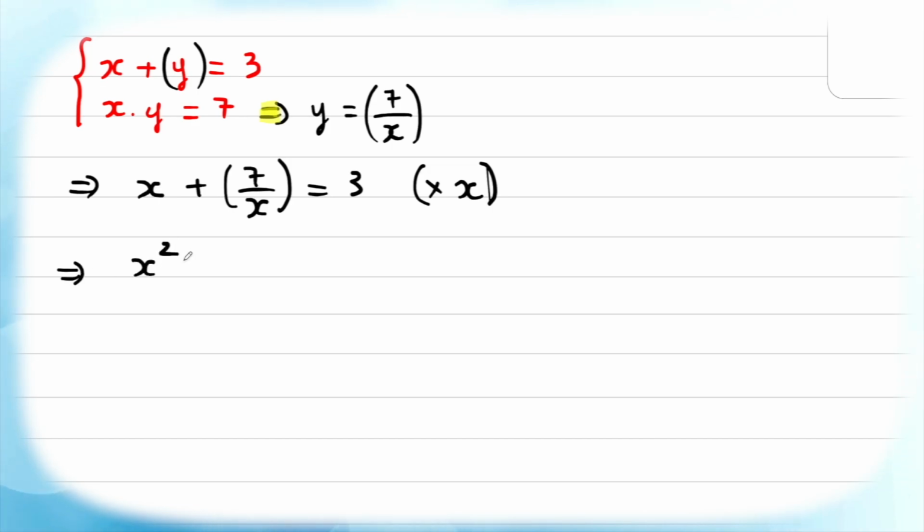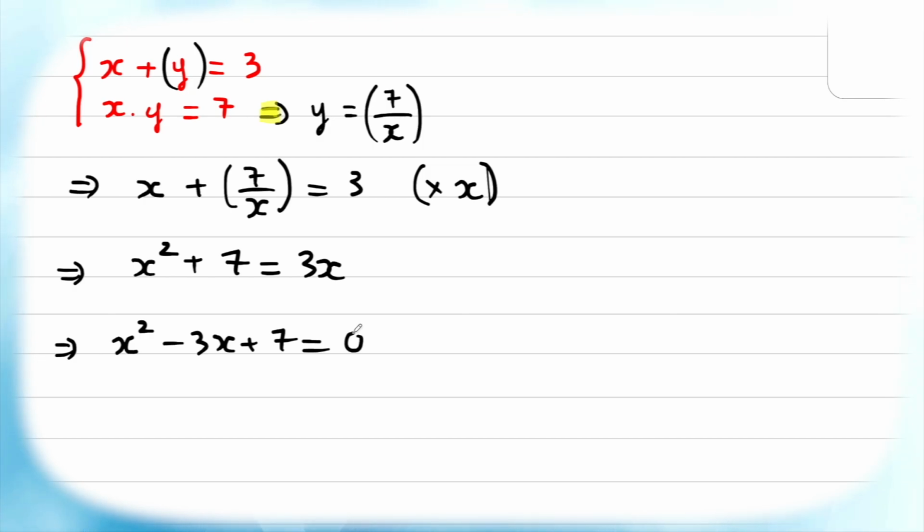You got here h squared, here 7, and here 3h. After that, you got the quadratic equation for this case equal to 0. 1, negative 3, and 7. No solution for here. Check this out once again. B squared minus 4ac.